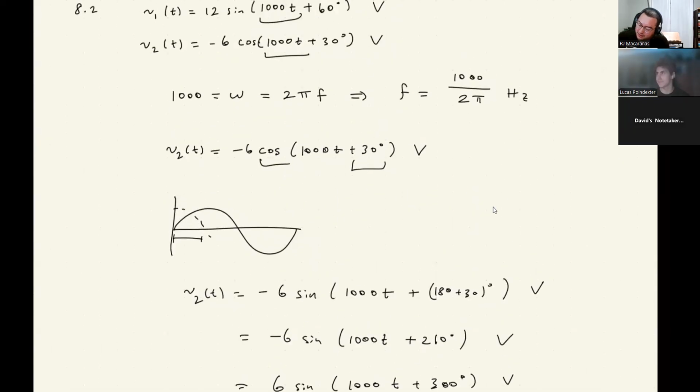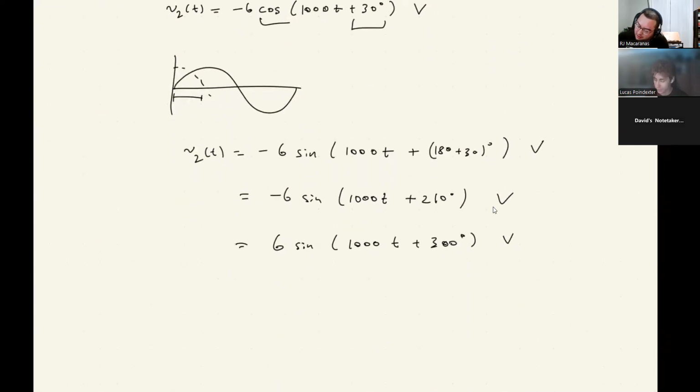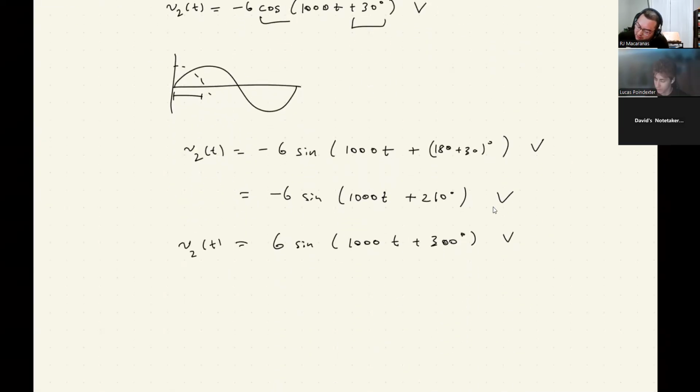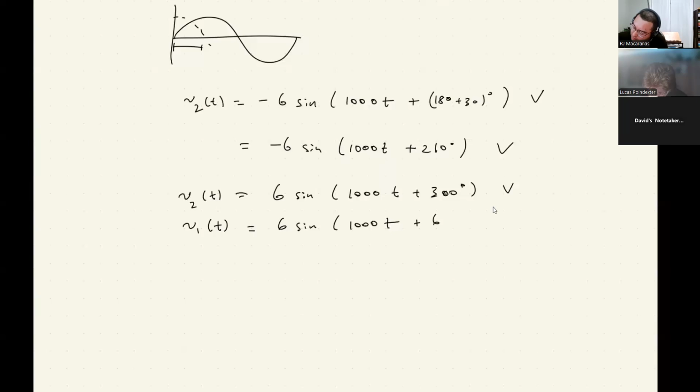So now we've got these two in terms of similar functions, and we want to determine the phase shift between them. This first guy, V1, is 60 degrees, so that's going to be our reference angle.